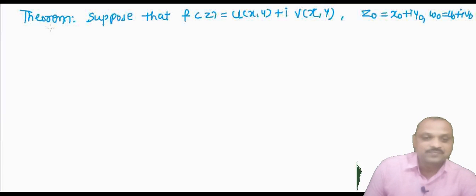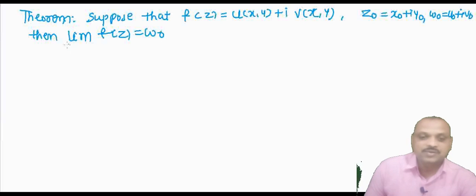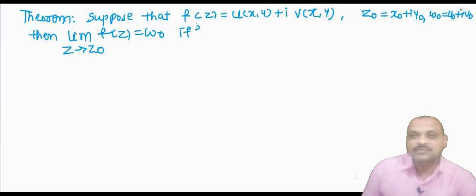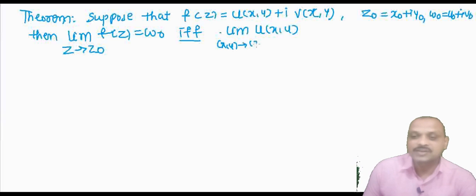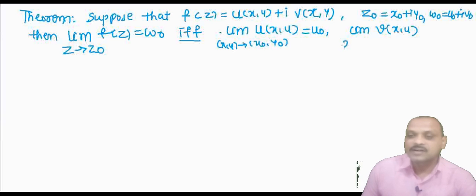Then the limit of f of z equal to w0 when z tends to z0, if and only if the limit of u of x comma y as x comma y tends to x0 comma y0 equals u0, and the limit of v of x comma y as x comma y tends to x0 comma y0 equals v0.